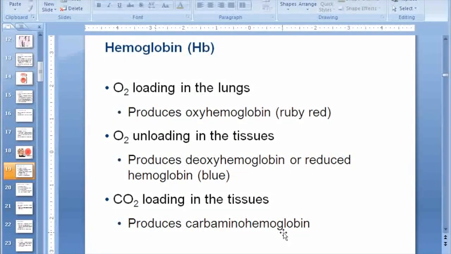Using your vast knowledge of the scientific world, tell me why they call it carbamino. Okay, because we're talking about carbon dioxide, and it's carried on what part of the hemoglobin? The protein, which is made up of amino acids. See how it works? The more you understand, the more these crazy big words actually make some sense, which is really neat and really cool.